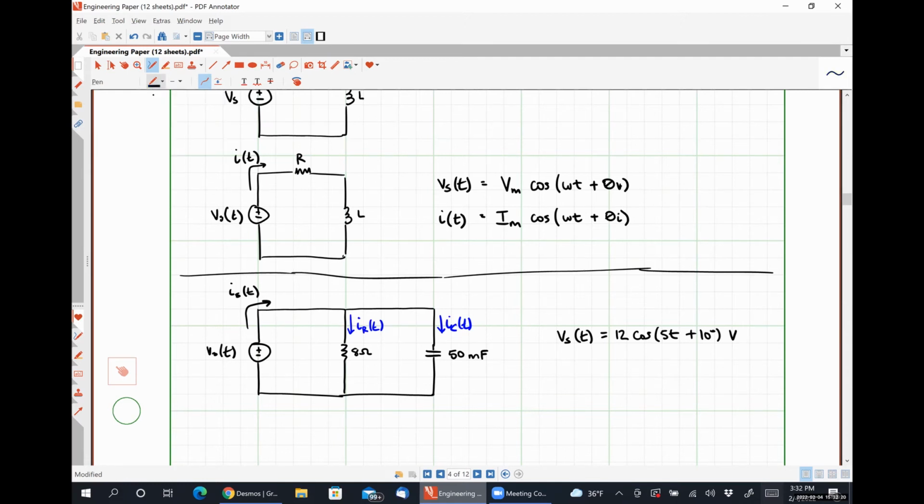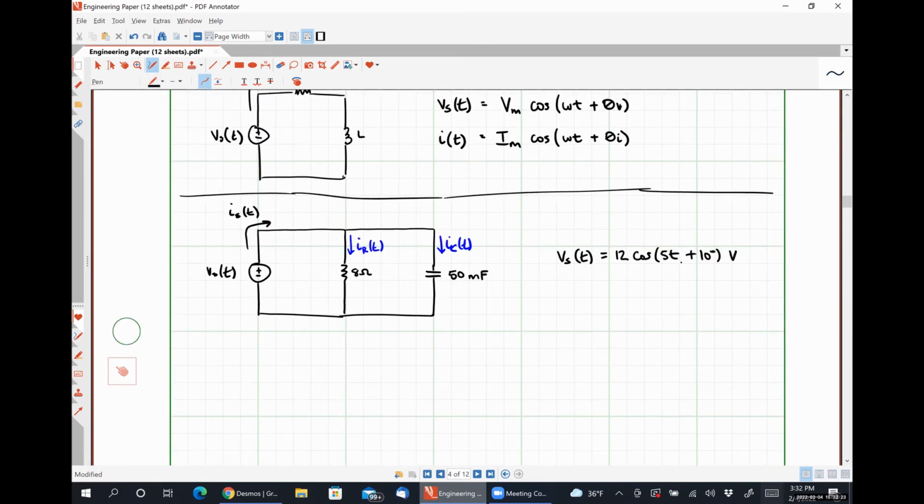So I'm going to write that down: Is of t is equal to IR of t plus IC of t. Are we all okay with this application of Kirchhoff's current law? Yes. To me, fairly straightforward. Don't hear anybody in opposition. So let's break this down.